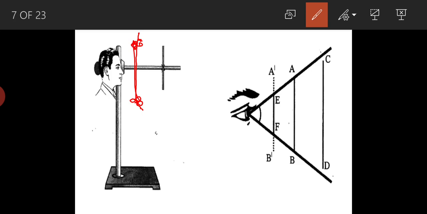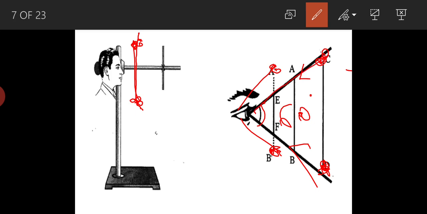In this case, you cannot see the whole stick because the light rays coming from the top and bottom ends will make an angle more than 60 degrees. Now if you move it away from the eye, at this point the light rays coming from the top and bottom ends will make an angle of 60 degrees. Then you can see the top and bottom ends.